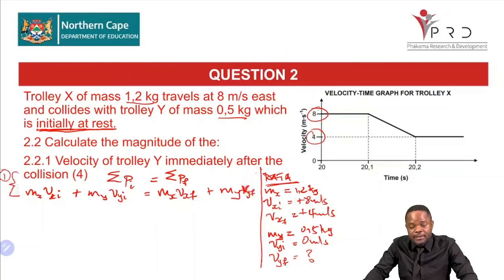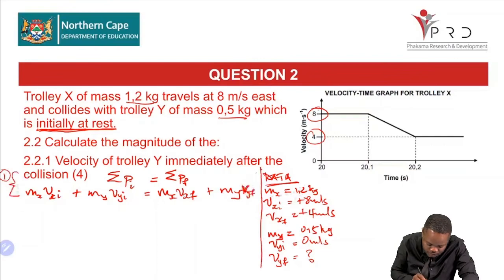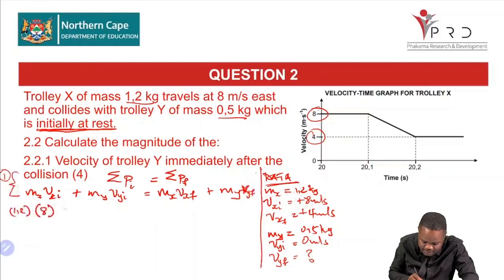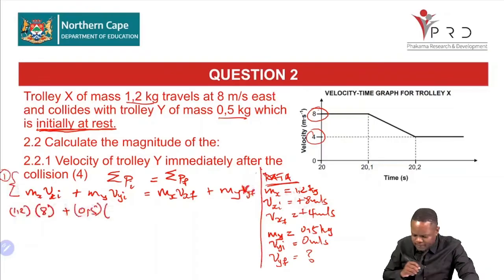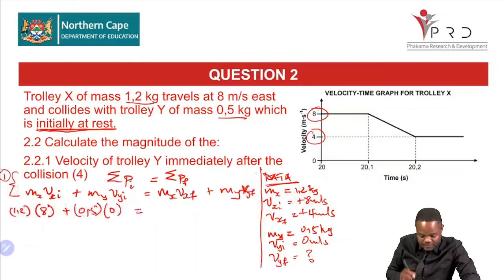Then we go to the next part, substitution. Mx is 1.2. Vxi is 8. Plus My, it's 0.5. I hope you're also writing, grade 12s. And then Vyi is 0. We're substituting. You cannot fail to substitute from the data there. Mx, we said it is 1.2 kilograms.